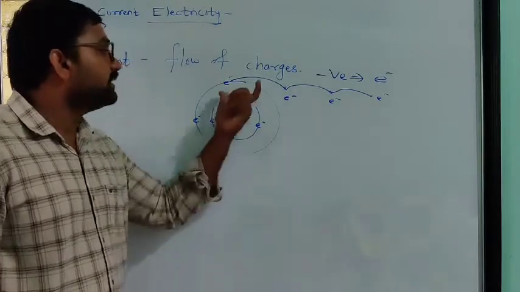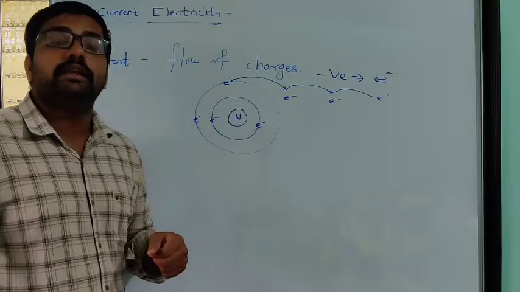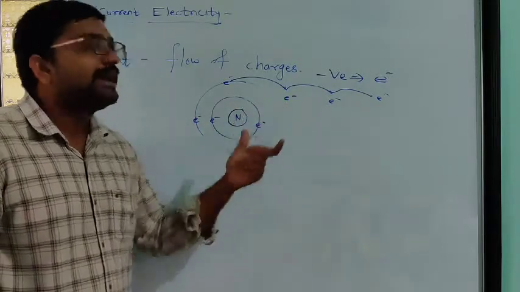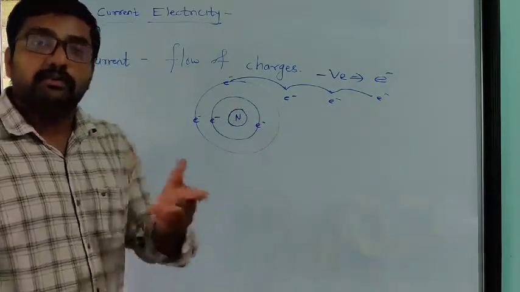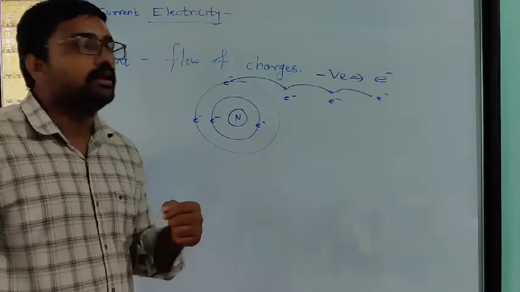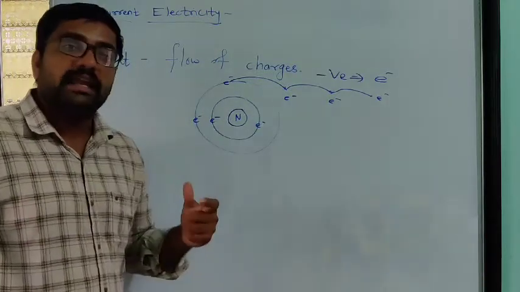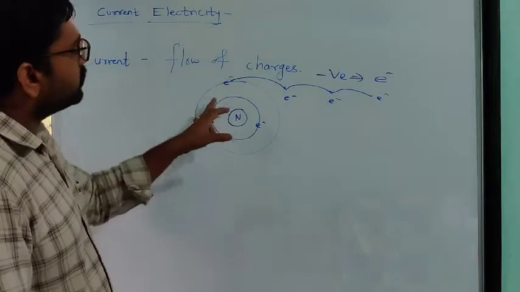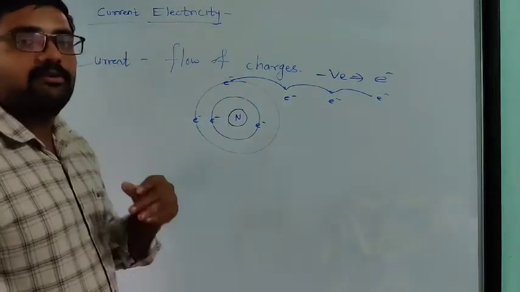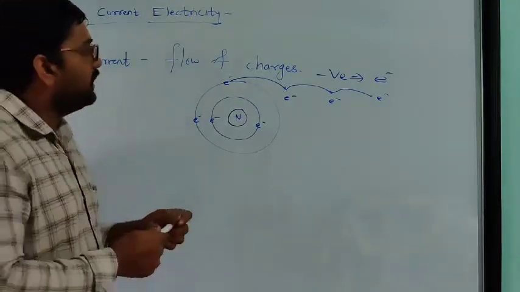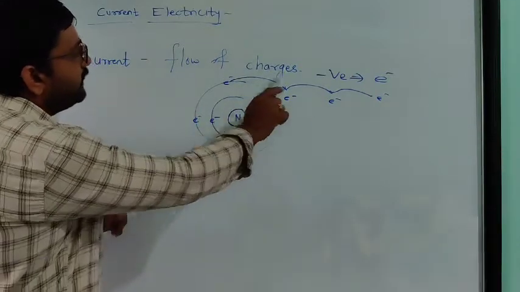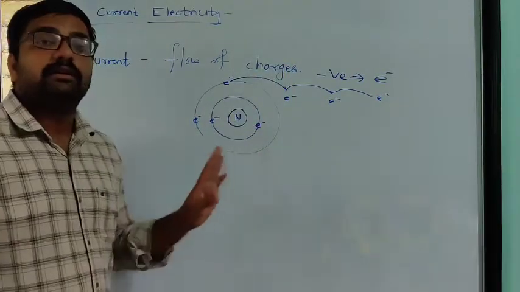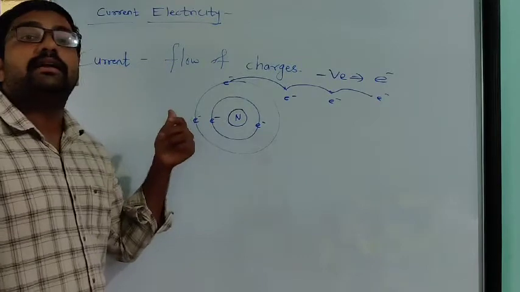Such electrons are called free electrons. We will see in a later part of this chapter that these free electrons play an important role. A free electron can easily transfer from one atom to another atom, and this flow of negatively charged electrons is simply the electric current.